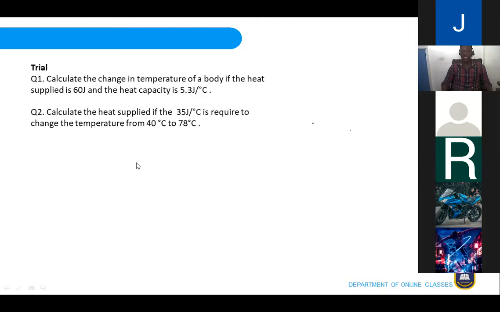Then the 78 degrees Celsius, you also change it to Kelvin, and subtract the converted 40 from the converted 78. So make sure you look through your question very well before you solve, and look at the units. If it's given in joules per Kelvin and the temperature given is in degrees Celsius, make sure you change the degrees Celsius to Kelvin before solving. So that's it.